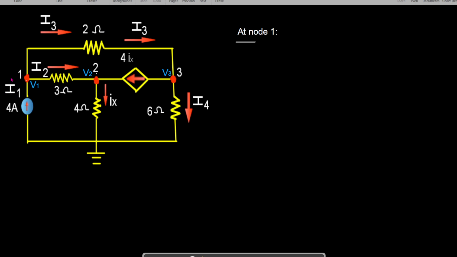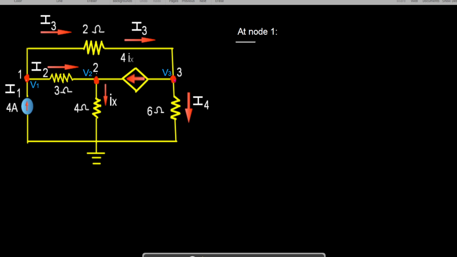So we can take this as I1 current. The I1 current enters into this first node and then branches into two currents, I2 current and I3 current. This I3 current will be flowing through this 2 ohm resistance and enters into this third node. At this second node, this I2 current is entering, 4Ix current is also entering the node as given in the problem, and this Ix is leaving the second node.